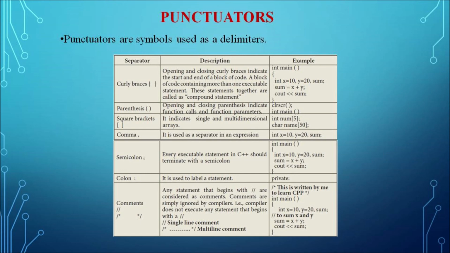The compiler will ignore these statements. They are mainly for communication between the users, just for additional information. It gives some additional note about the details of the program. For that purpose, the comment line is used.